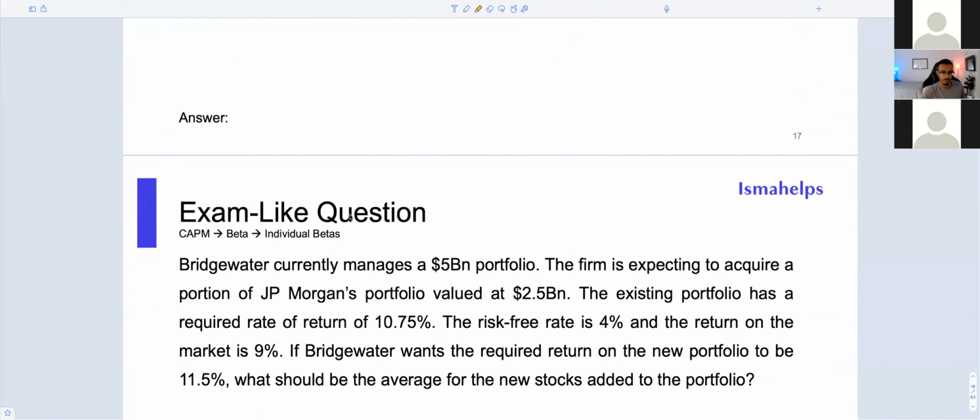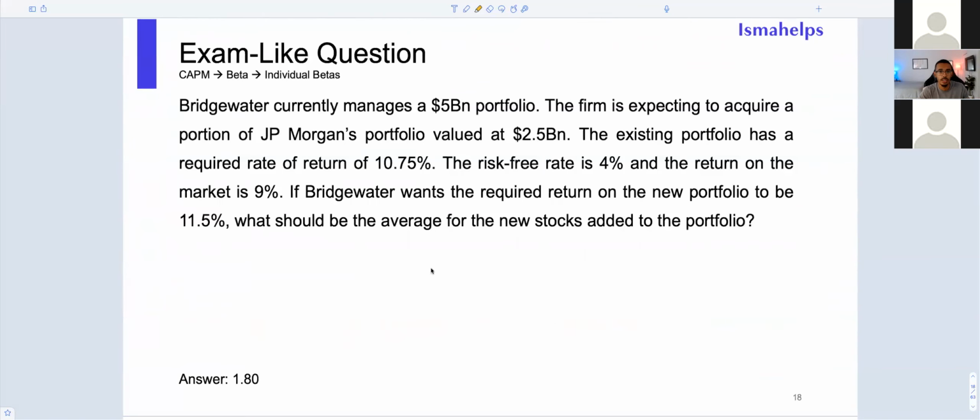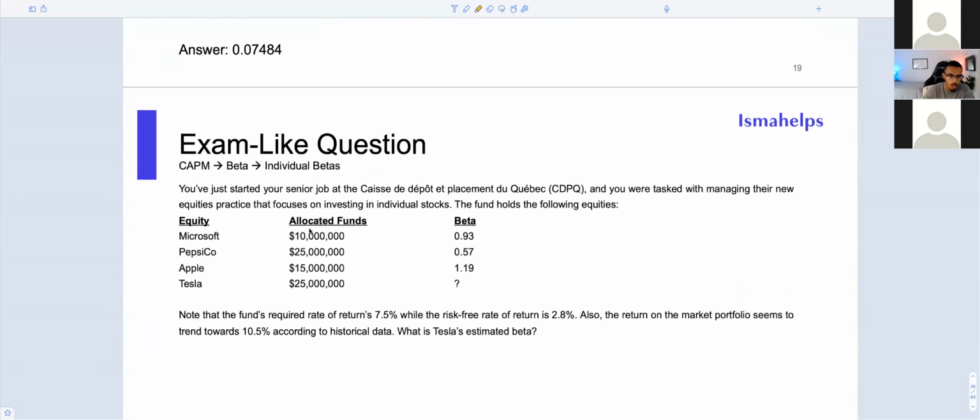Now we're going to do one on individual betas just to make it worth it. And then we're going to move on to some market efficiency stuff to be comprehensive on time. Actually, this one you already have the solution, so maybe I won't do it. I'm going to try to find one that's a little bit harder.